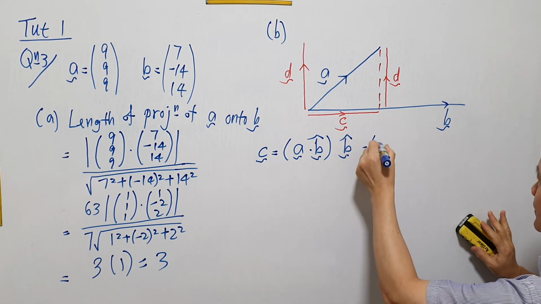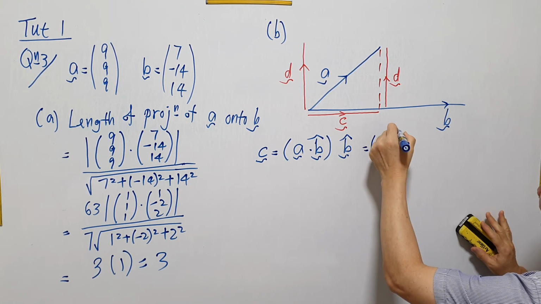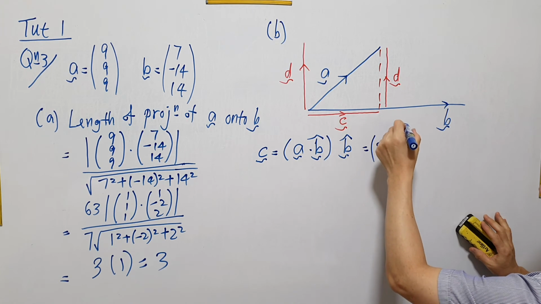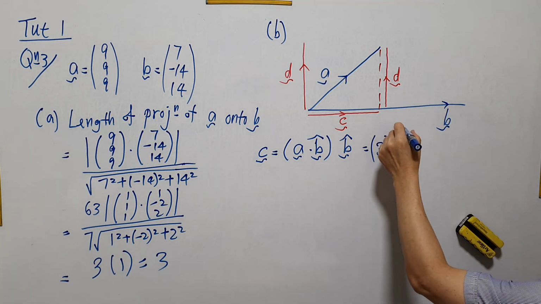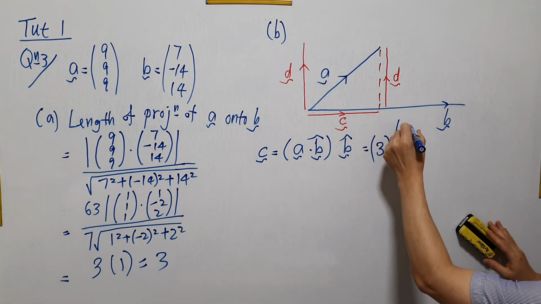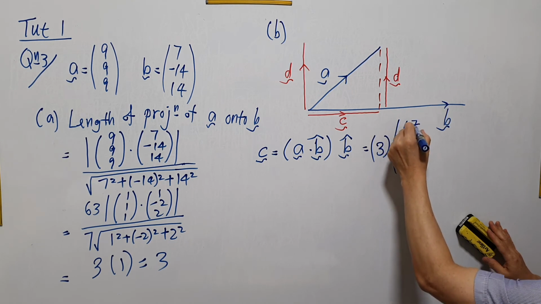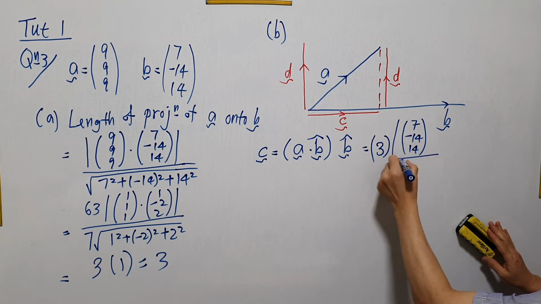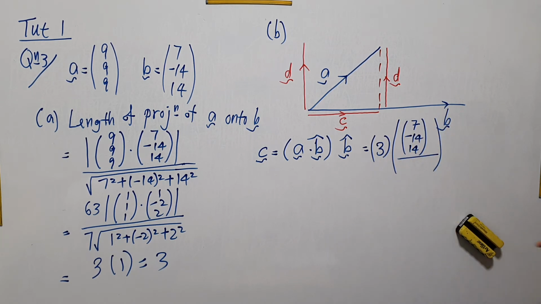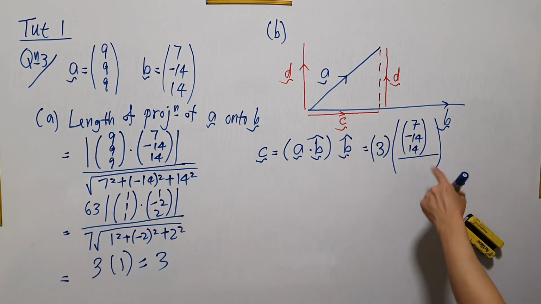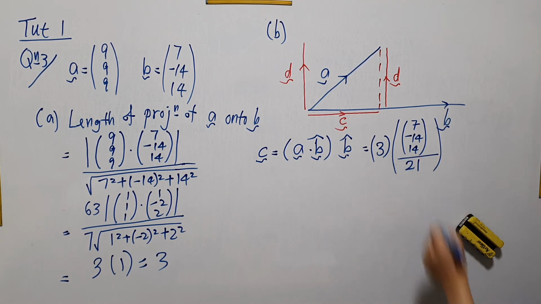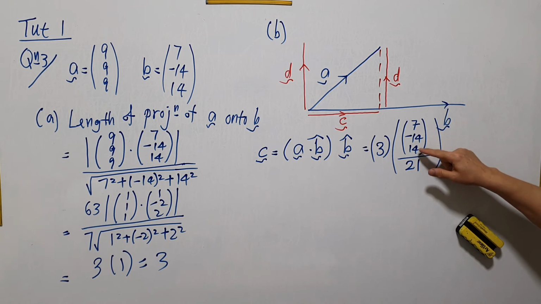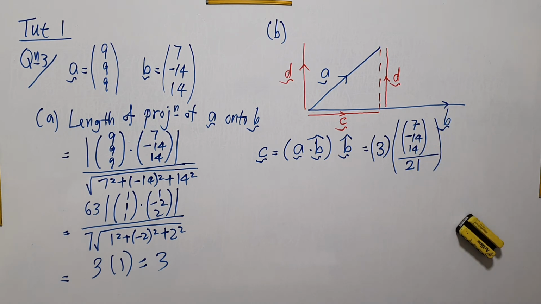A dot B hat is 3, and then B hat equals the vector B, which is 7, minus 14, over the magnitude of B. What is the magnitude of B? If you do your calculation, you get 21. You can just square, add them together, and then take the square root. It'll be 21.